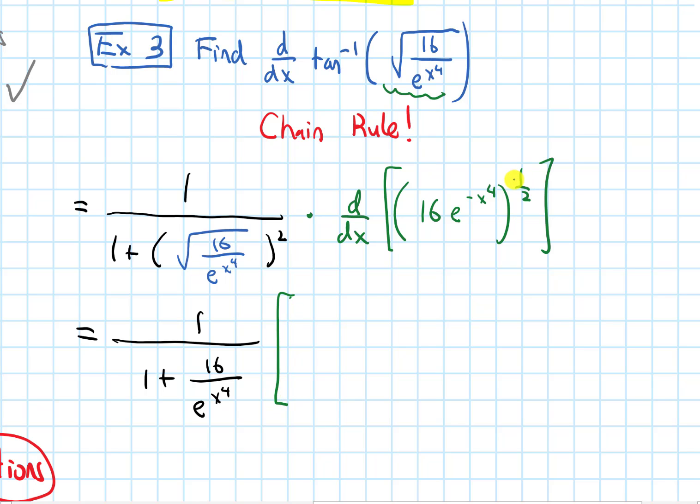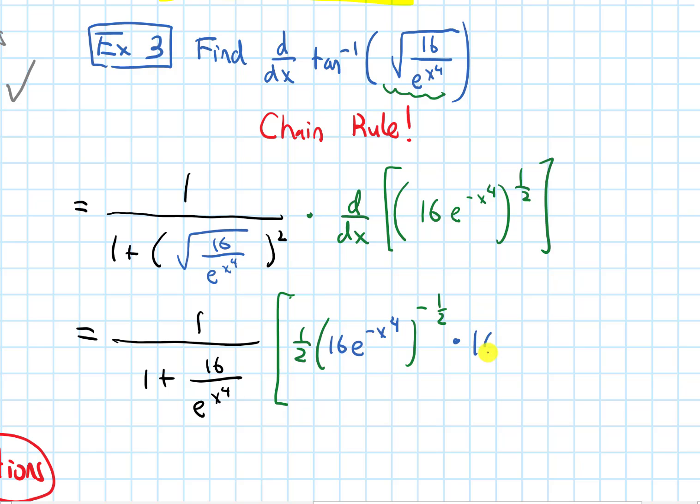Okay, and the outside function involves this power, this 1/2. Let's bring that down: 1/2, and then I subtract 1 from the power to get negative 1/2. And we keep plugging the same inside thing in, so the 16 e to the negative x to the 4. And then the chain rule says, multiply this by the derivative of the inside. Okay, so the 16 is multiplying this e term, so that'll stay there.